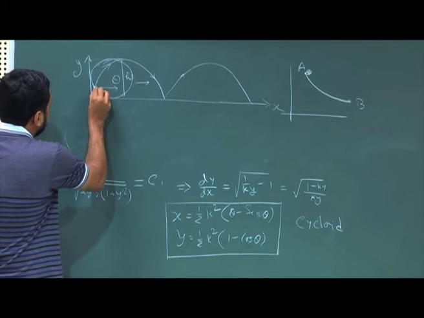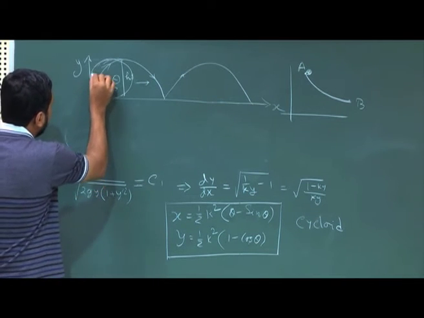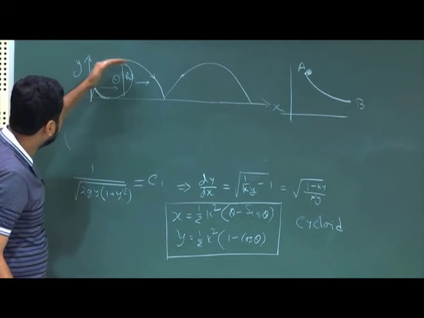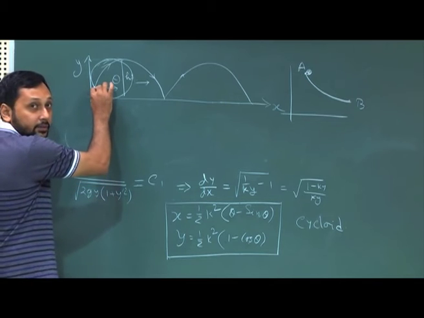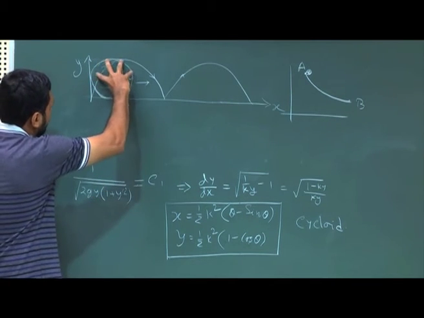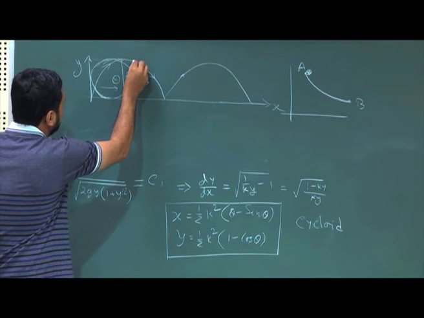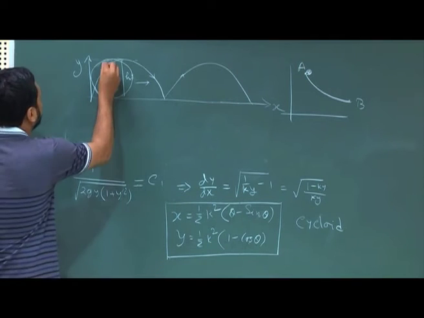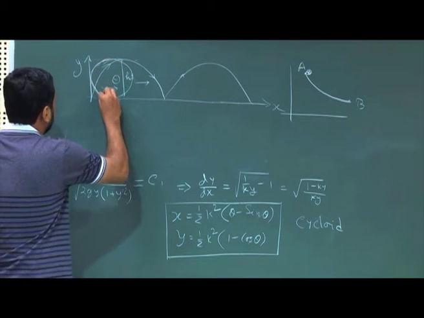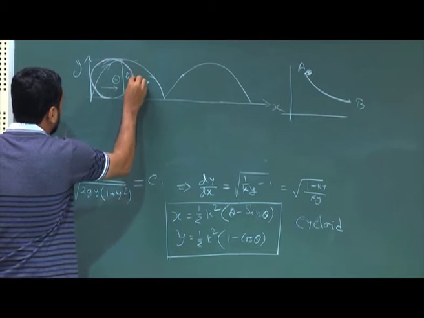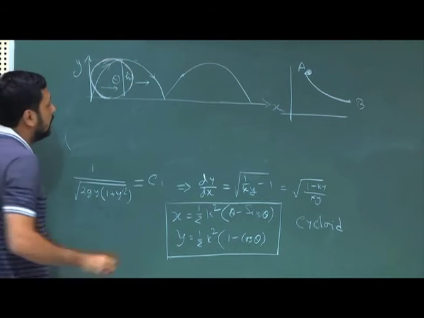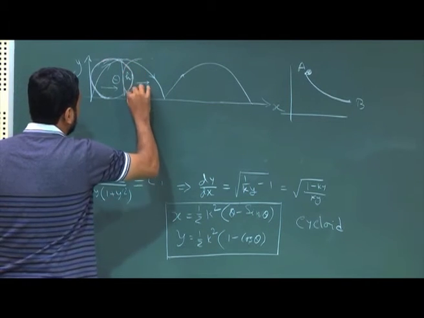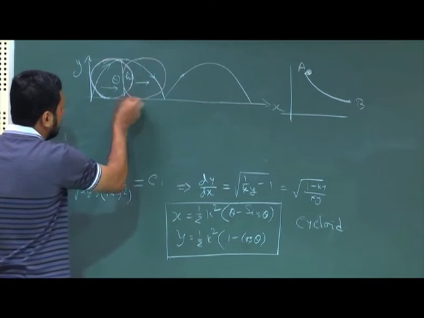Now, let us say this is the position of one point on this wheel. Now, as the wheel rotates, what happens to this point? When you rotate it to a later position, I will use another color, maybe that will be easy for you. So, this was my wheel at time t equal to 0, and now at a later position, let us say here, this is my wheel once again.